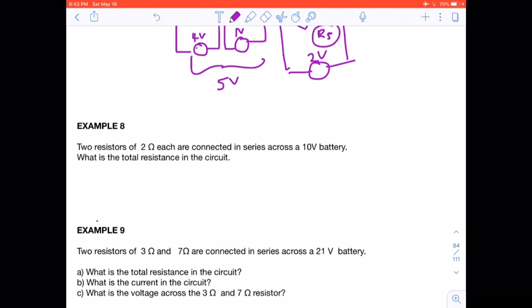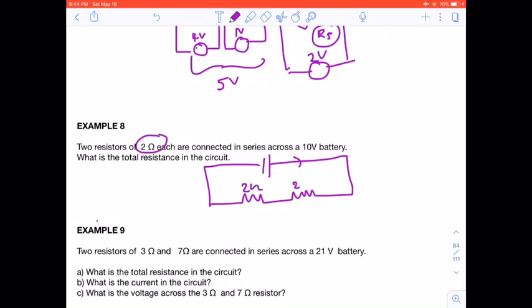Now let's look at the next one. Here you got two resistors, each of 2 ohms, connected in series across a 10 volt battery. What is the total resistance? This is a fairly easy one. Let's do it properly. We have two resistors there, and current going that way. Let's say this is 2 ohms and that's 2 ohms.